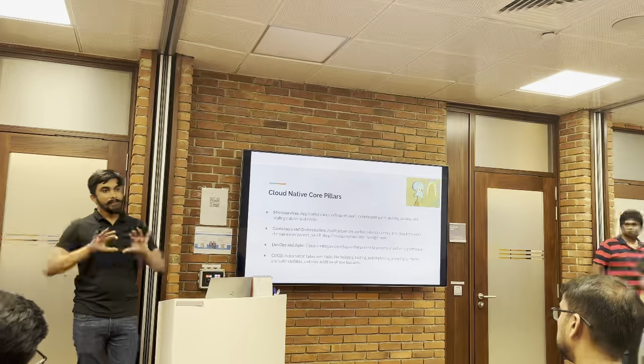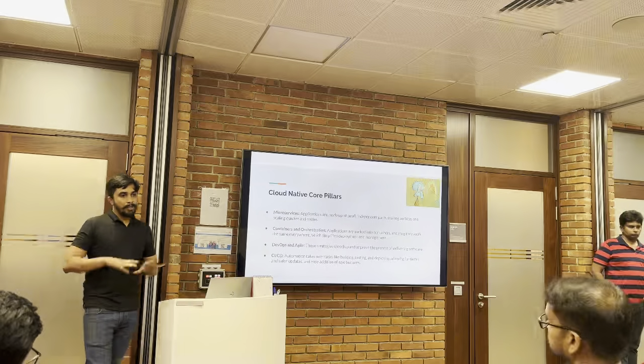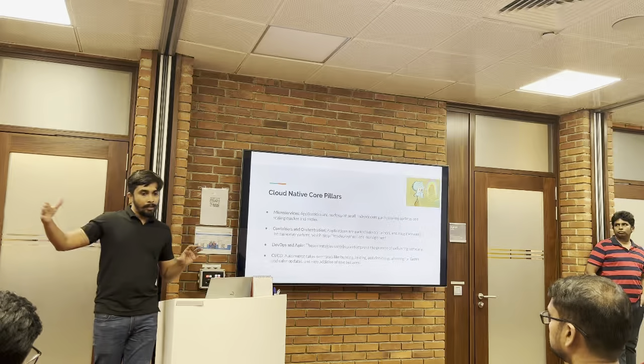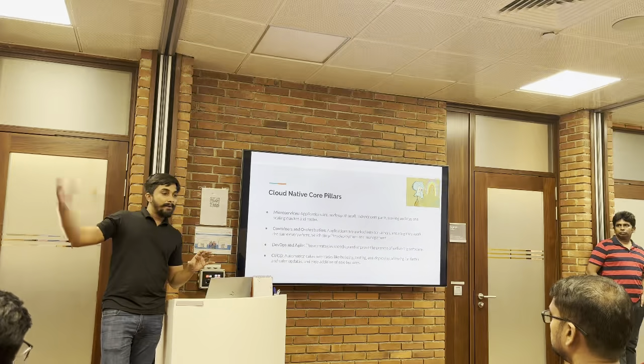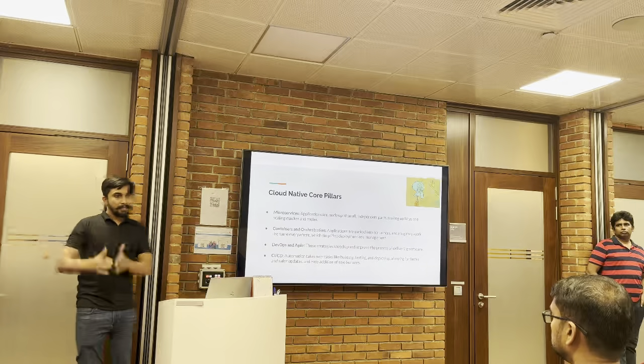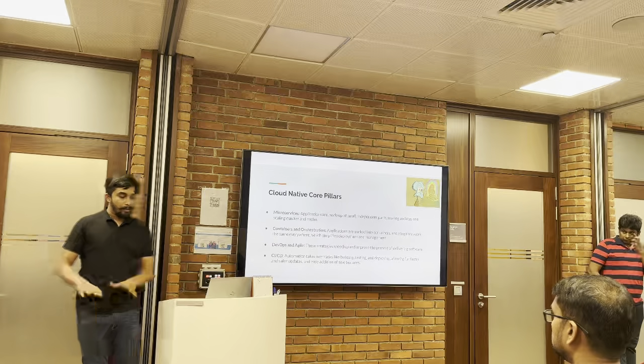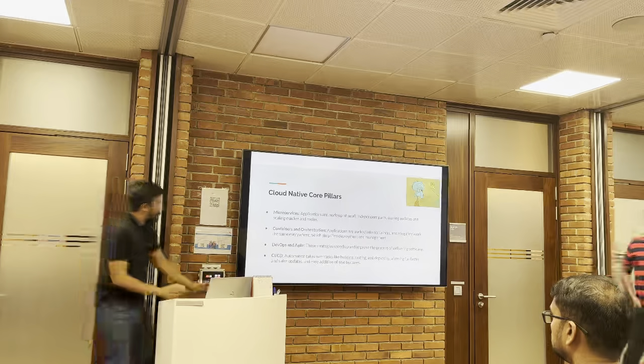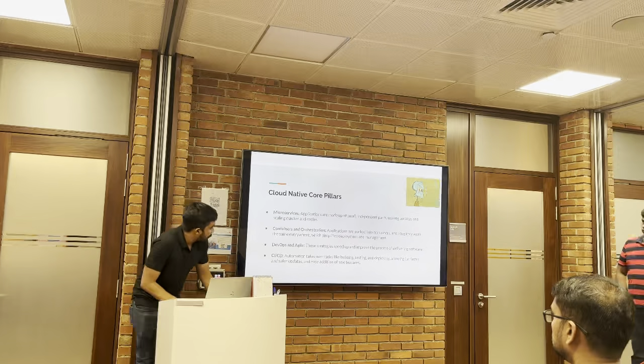You can have two different services for that, and then based on the demand or the usage you can independently scale up and scale down that part of the service. So microservices are important in that sense.